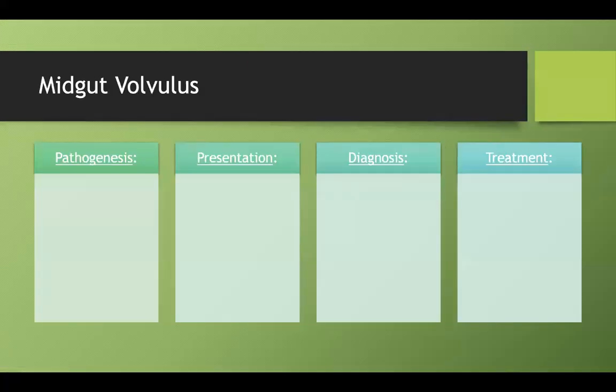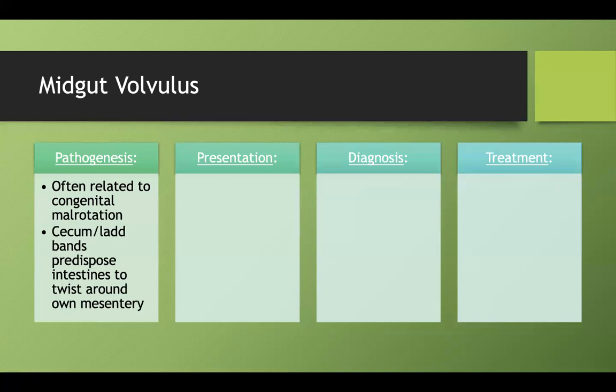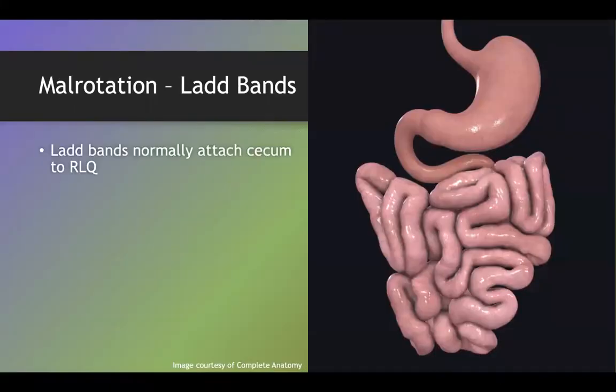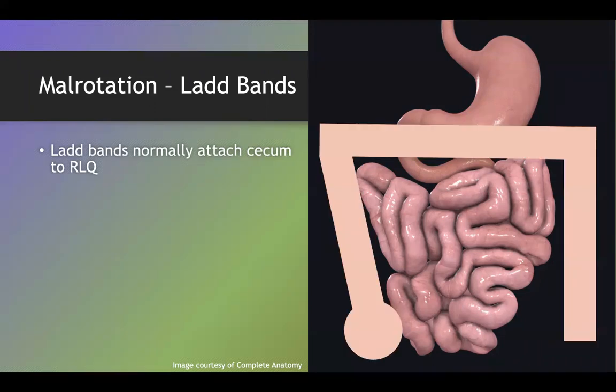Now, midgut volvulus we talked about in the intestinal malrotation section. So again, this is related to malrotation, and it's because the Ladd bands can basically predispose the intestines to twist around themselves. What happens here is that Ladd bands normally attach the cecum to the right lower quadrant.